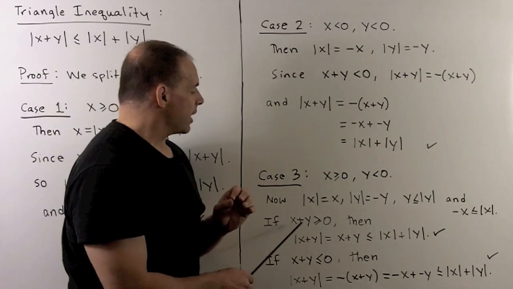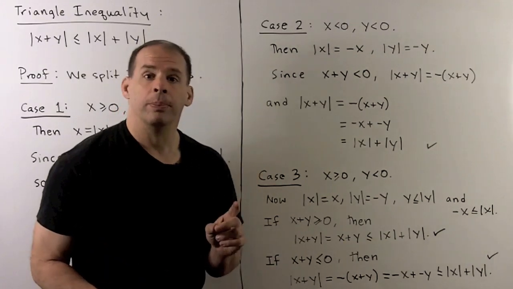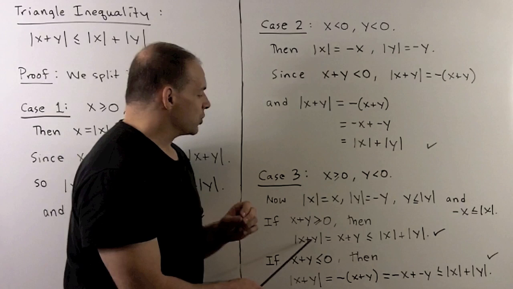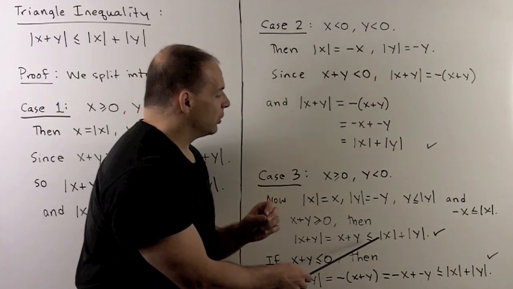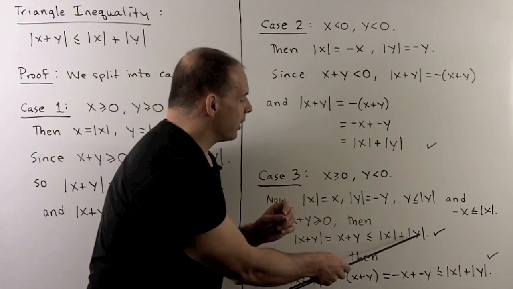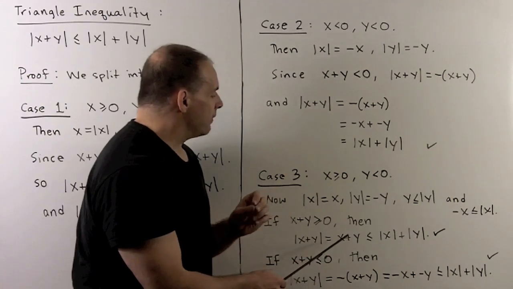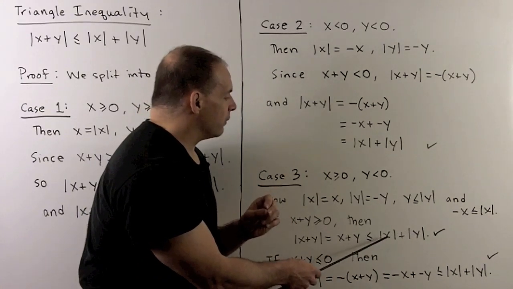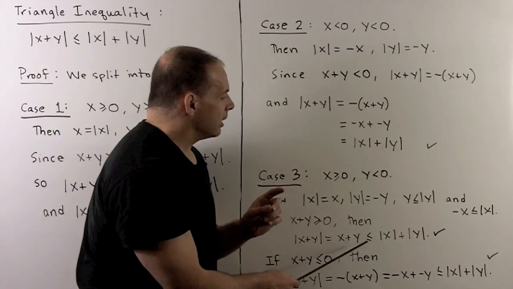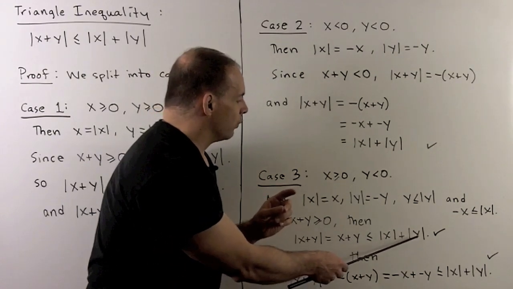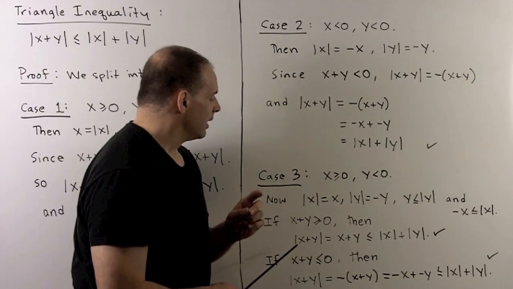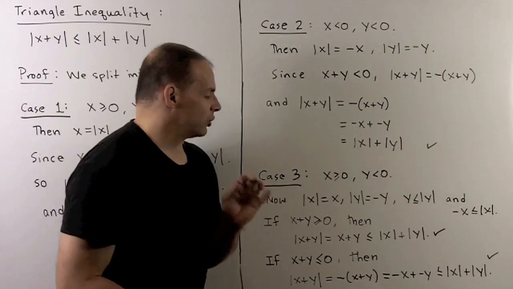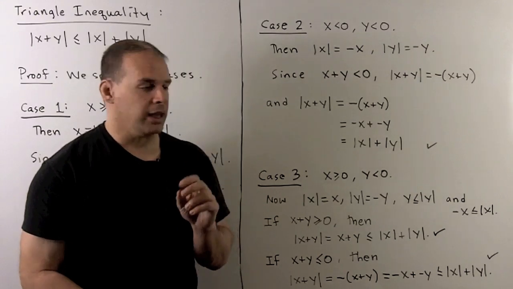Now, if x plus y is greater than or equal to 0, absolute value of x plus y equals x plus y. That's less than or equal to absolute value of x plus absolute value of y. Since we have that x is equal to the absolute value of x, we have that y is less than or equal to absolute value of y. So it holds in this case. If we have that x plus y is less than or equal to 0, same idea.